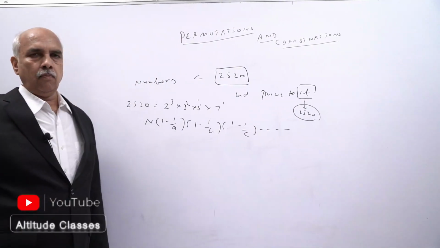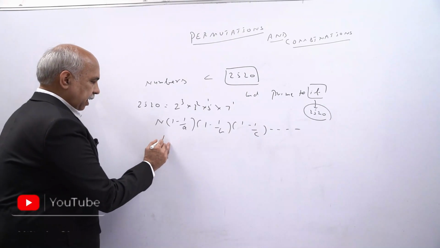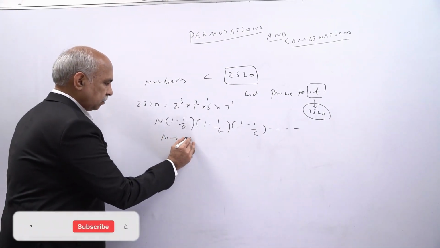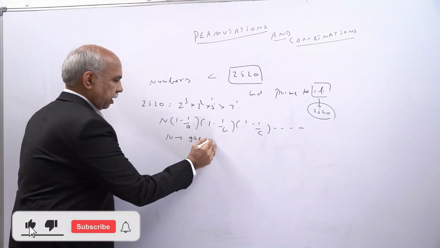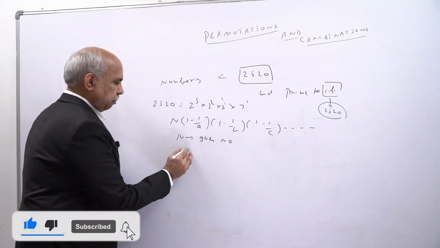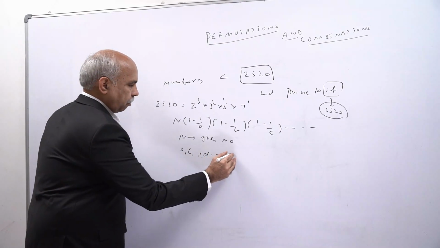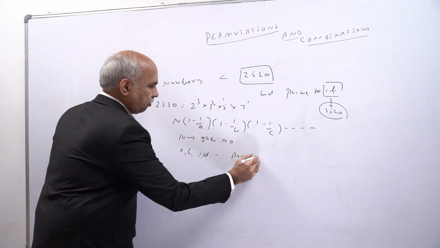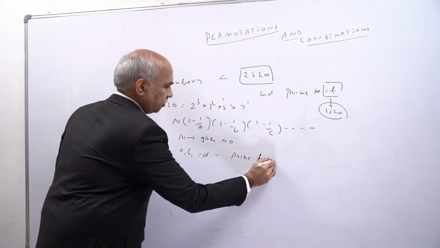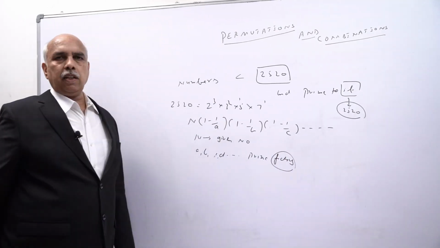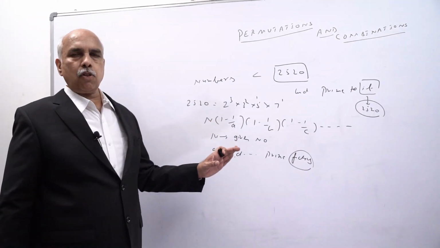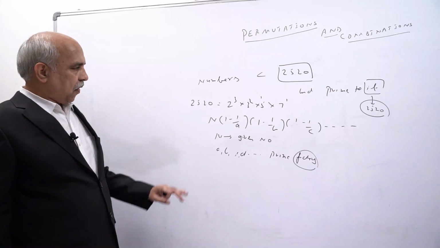This is the formula, where n is the given number and a, b, c, d are prime factors of the given number. How this formula comes out, we'll check a little later.